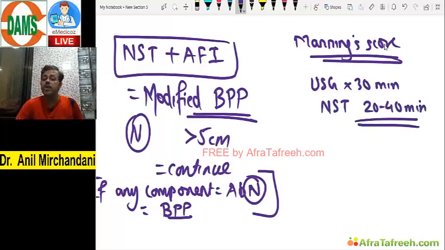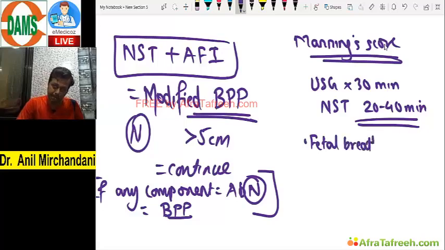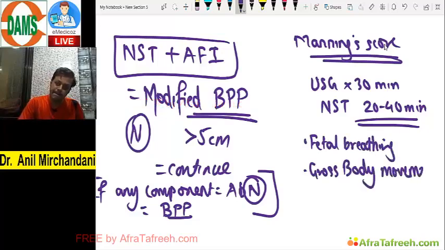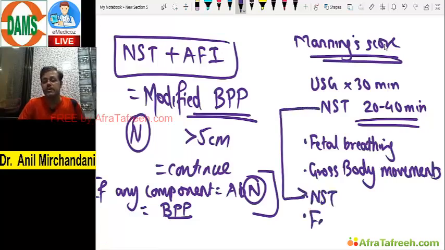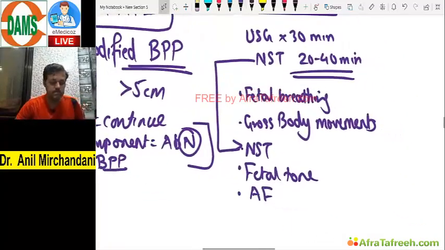The components you see would be fetal breathing, gross body movements, NST, obviously NST is a part over here, then fetal tone and amniotic fluid levels. This is the biophysical profile.